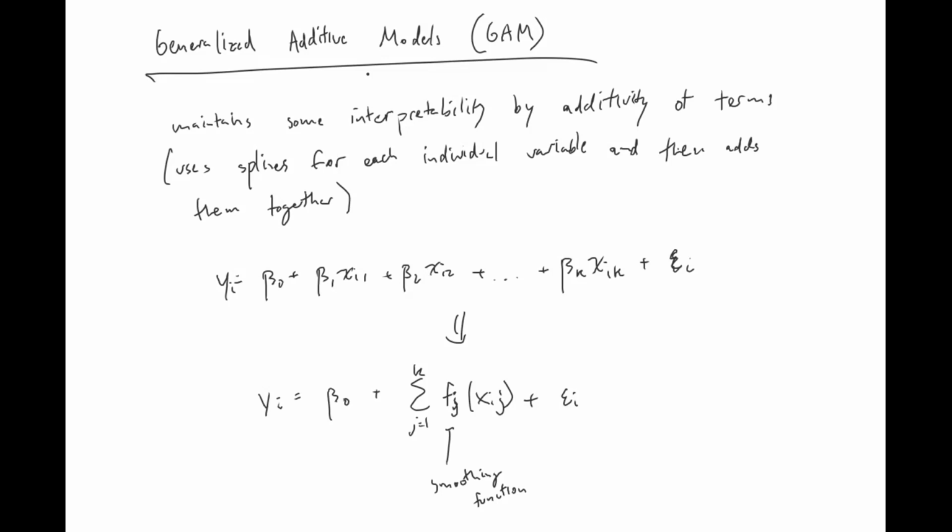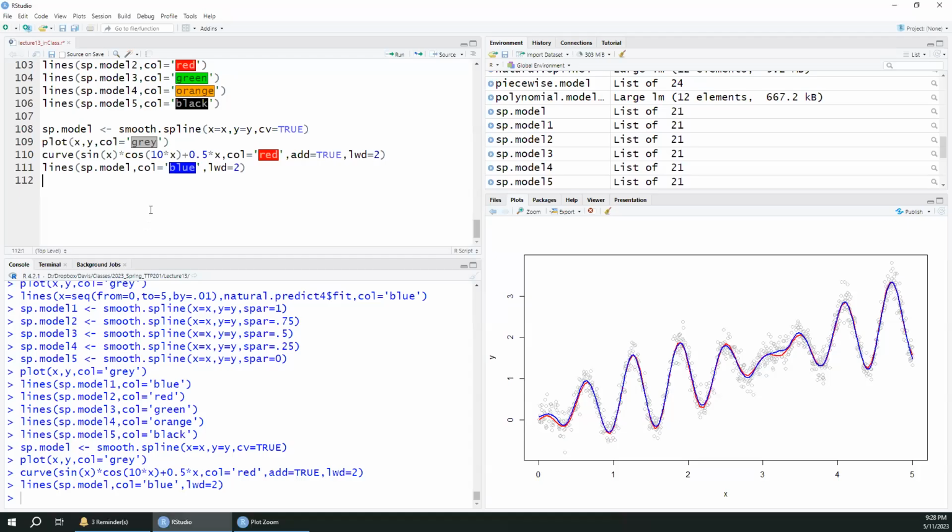Okay, so we'll jump back over. We're going to use some real data. And so this is data from the hitters data set, which is that baseball data set that we had used before when we were doing variable selection.